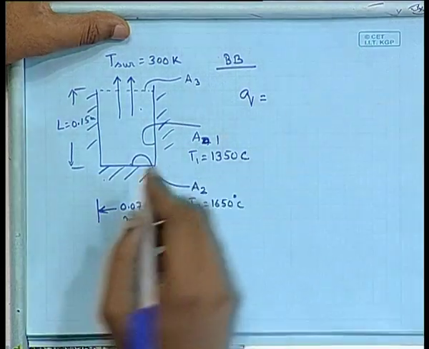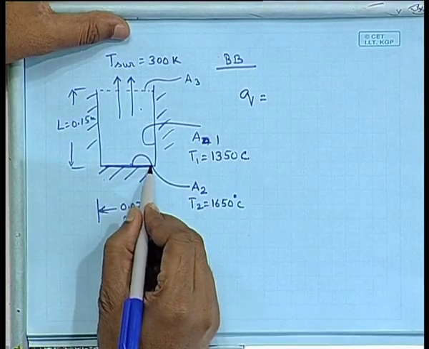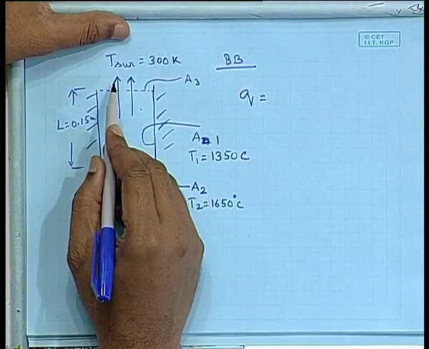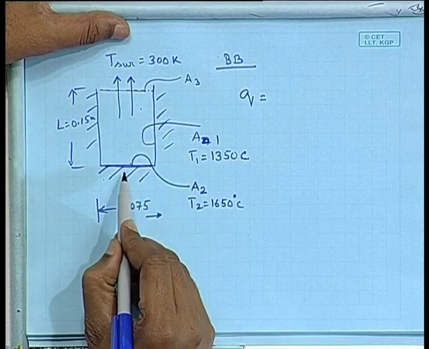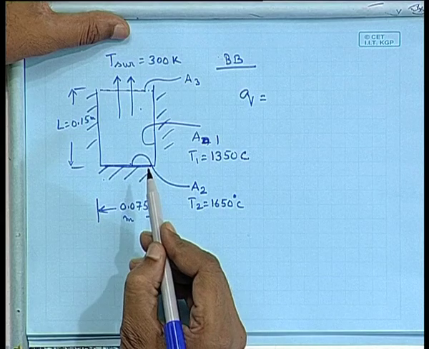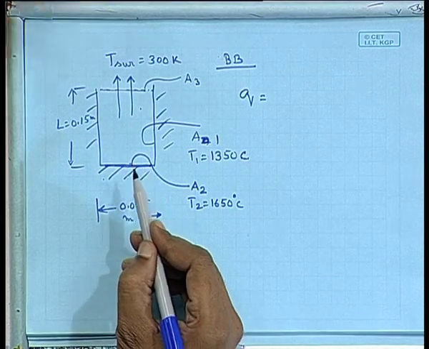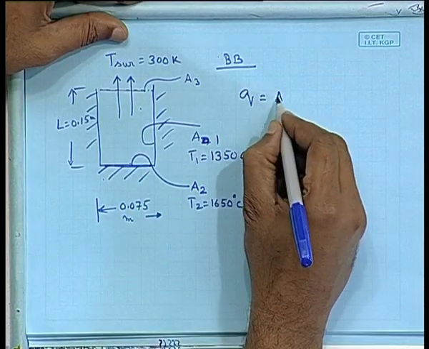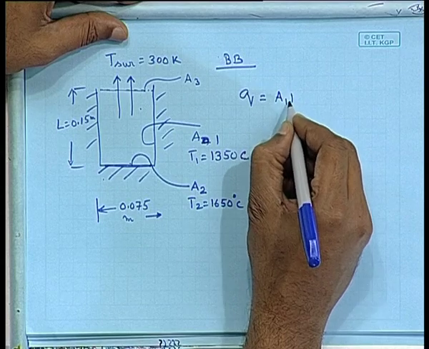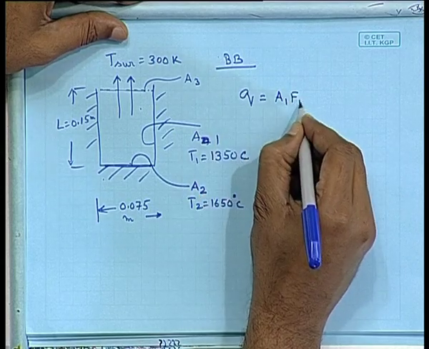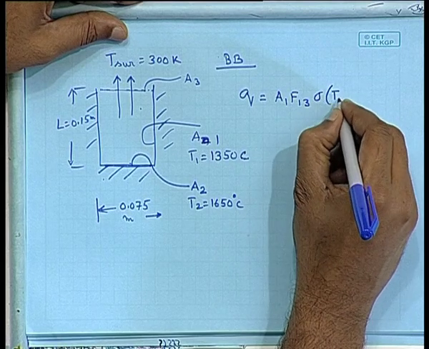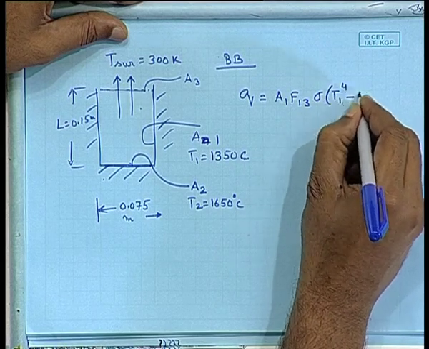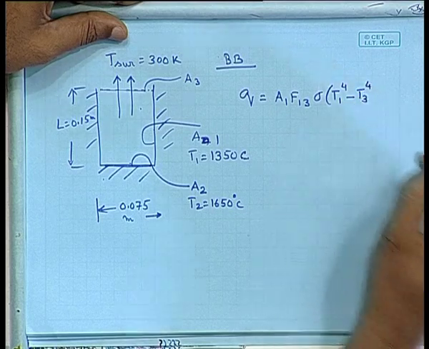Let us first think of what is 2's interaction with 1. This is a black body, this is another black body. With the formula that we derived just a few minutes back, it would simply give me A1 F13 sigma (T1 to the power 4 minus T3 to the power 4).